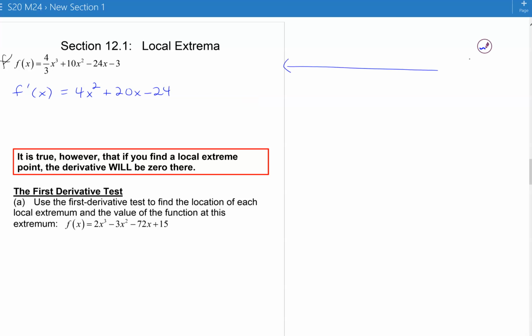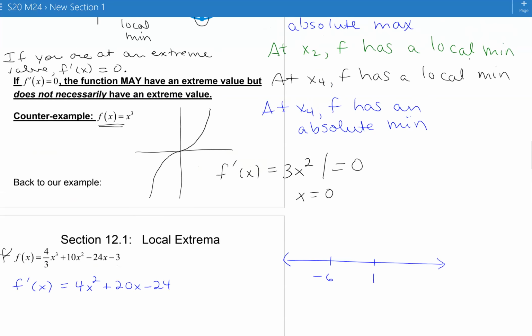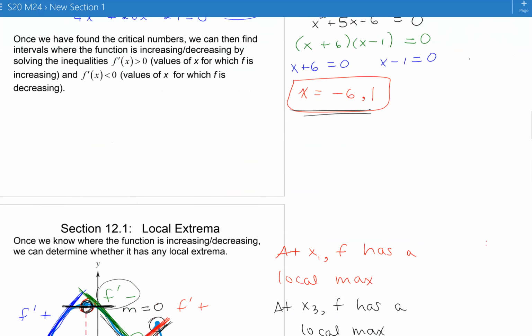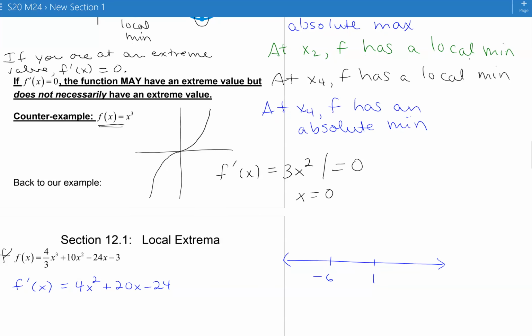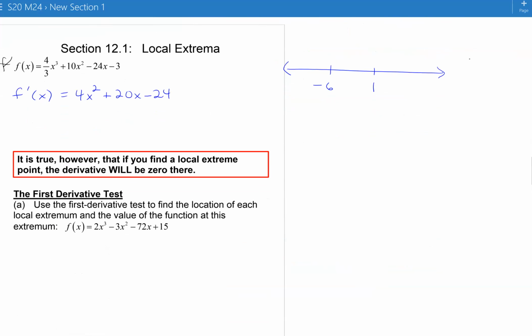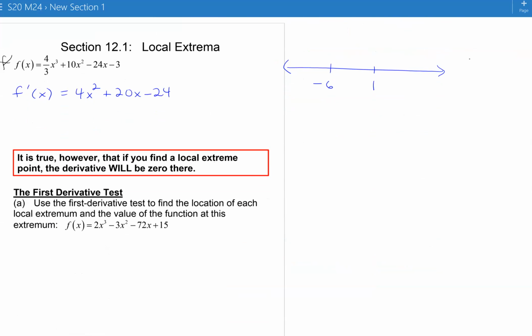And our critical numbers were -6 and 1. And it's super important that you get the derivative correct, you get your factoring correct, and you solve correctly. If you have errors in any of those, the rest of the problem won't work out.